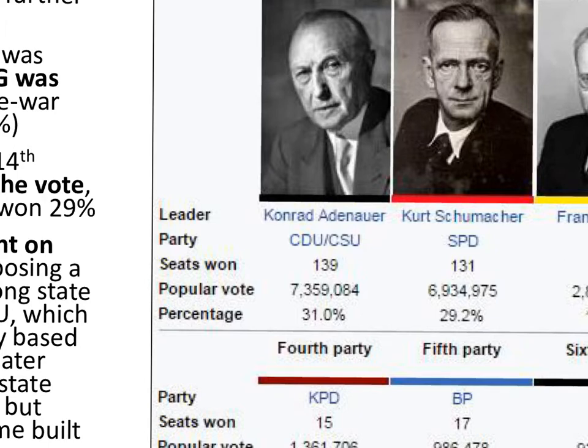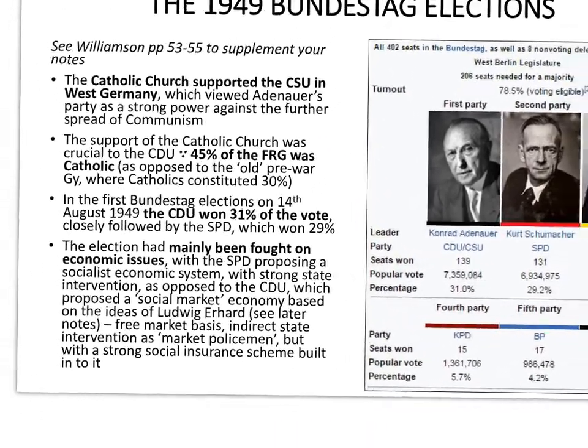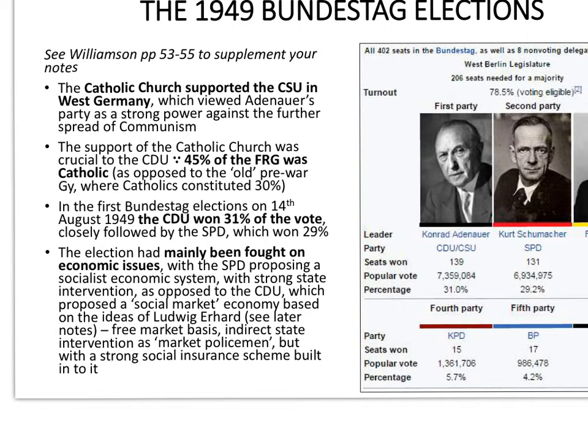So you often see books talk about the CDU stroke CSU. All throughout this period, those two parties worked in tandem, and that helped give the CDU much of the Catholic backing. And in the first elections, that was crucial.